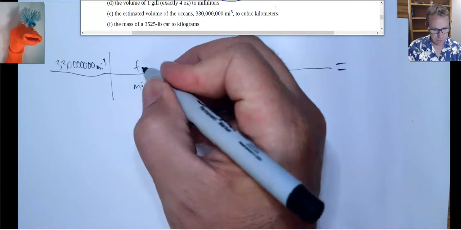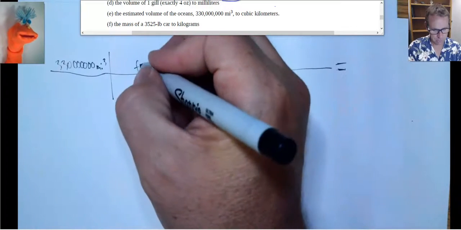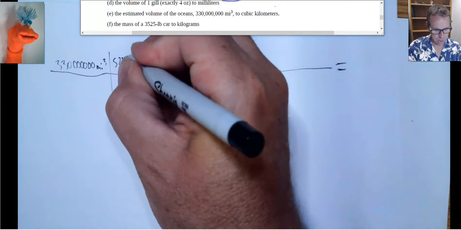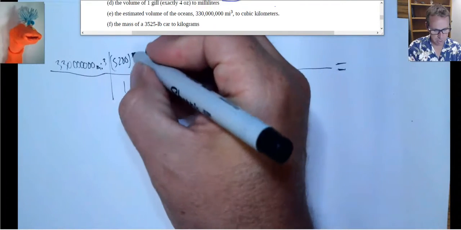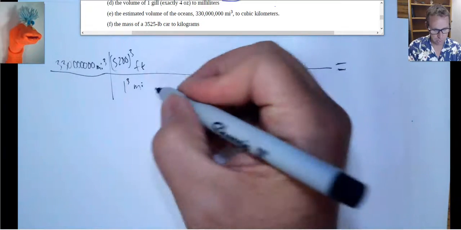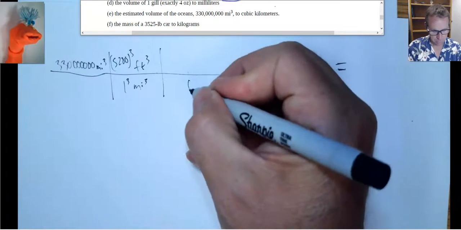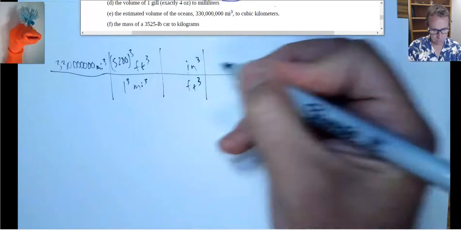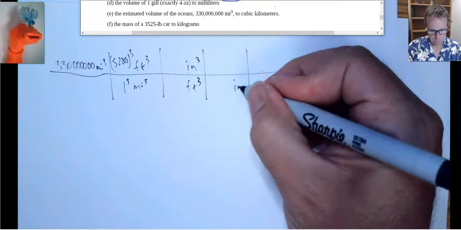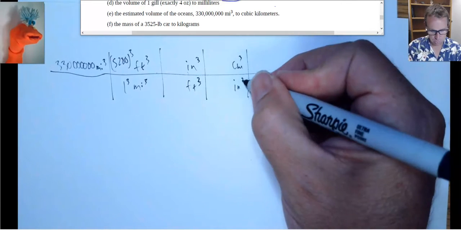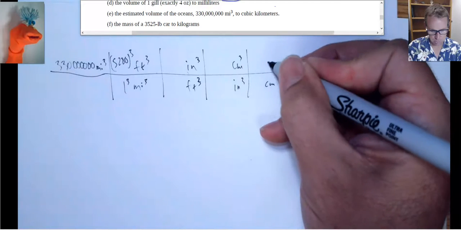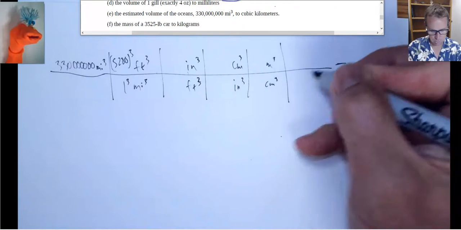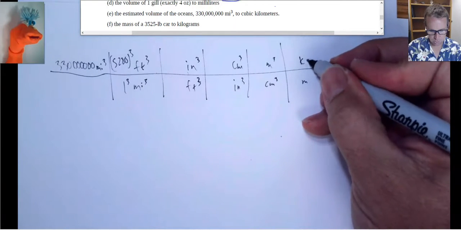Miles to feet, what was it? 5,280. Good. 5,280 feet for every mile. It's got a cube though, right? Because it's every cubic mile. Feet to inches, cubic feet to cubic inches, inches to centimeters, cubic, centimeters to meters, cubic, meters to kilometers.